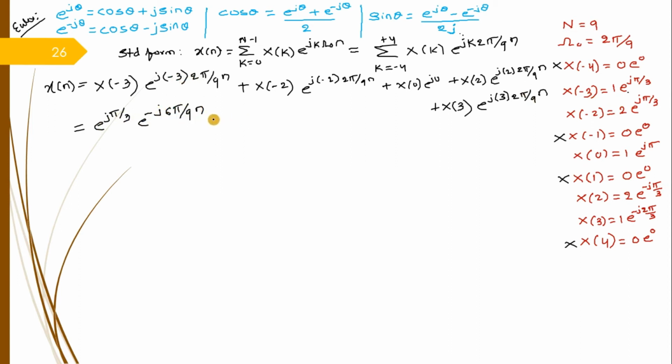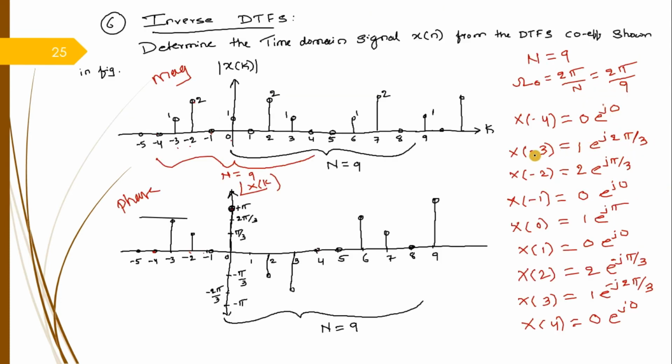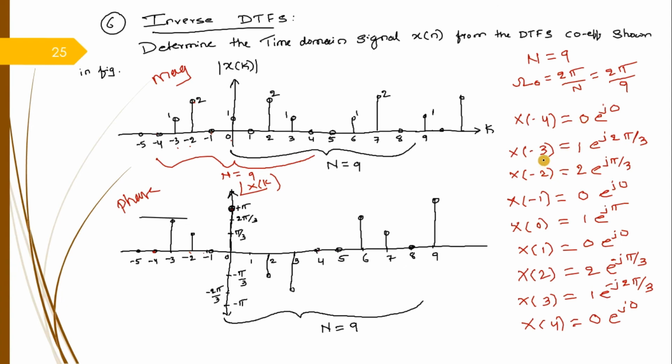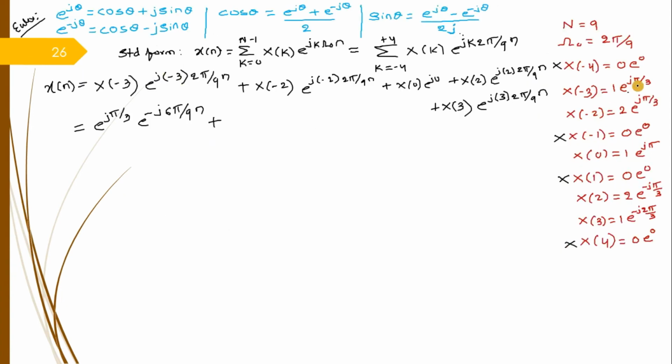Next, plus x of minus 2 is, one second, I'll just cross check. Okay, while noting down, I have made a mistake. x of minus 3 is, here I had written it as 2 pi by 3. Here I mistook it.